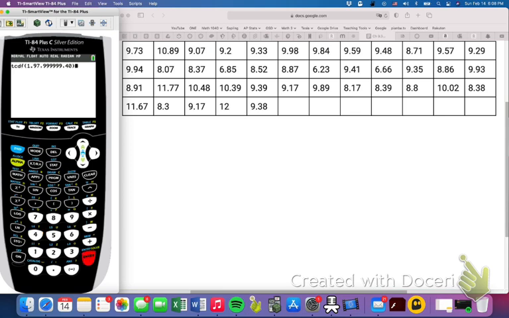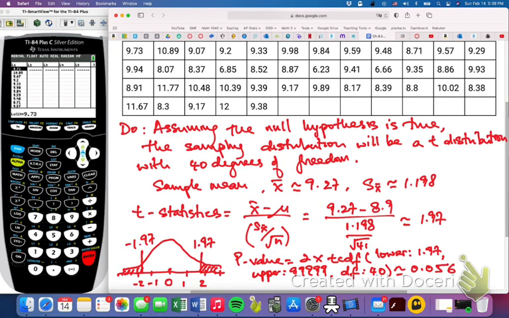That's the value right here. Then we multiply that by 2 because it's a two-tailed test. So look at the value, 0.056, rounded to the nearest 3 decimal places. That's how we calculate the p-value using the tcdf.